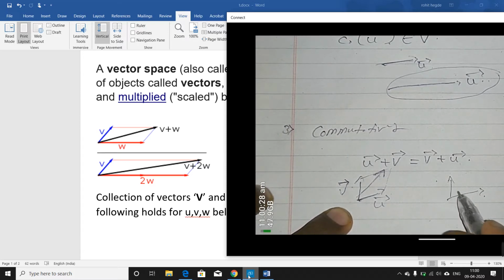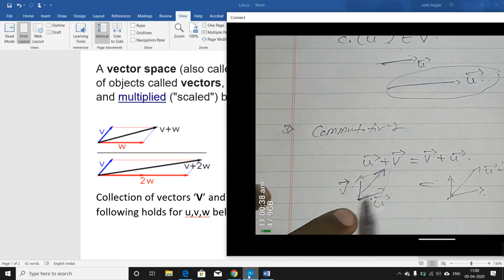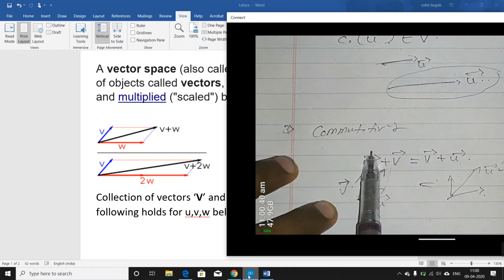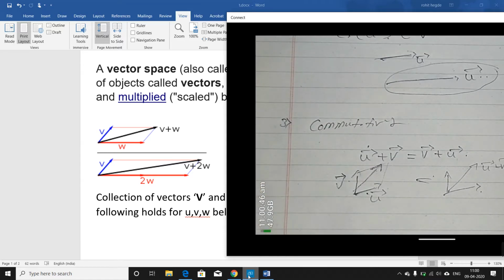Then also we will get the same resultant, that is u vector plus v vector. Here both these are equal. If these two are equal, then it satisfies the commutativity. That means these two vectors satisfy this axiom. Actually, if you want to call those vectors a vector space, they should satisfy the 10 axioms.